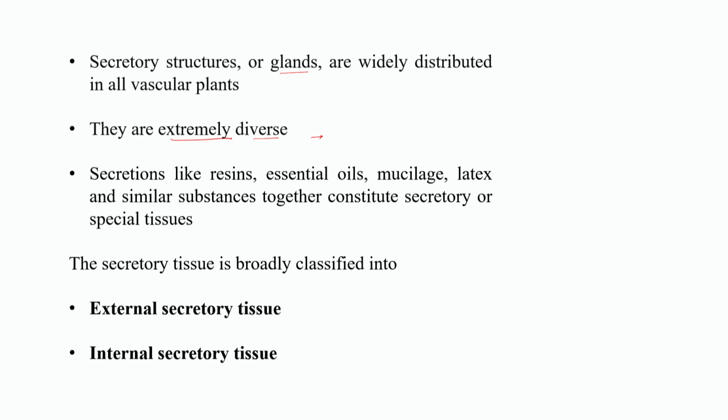Now, the different secretions which they are releasing could be resins, okay. These are sticky substances. They could be essential oils also, like many essential oils you would have heard of that are extracted from plants. They are also synthesized and released by these secretory structures.